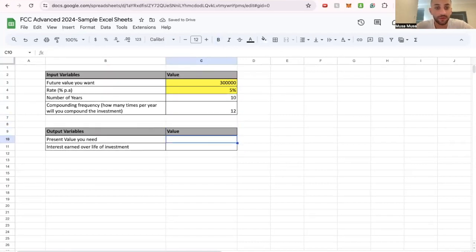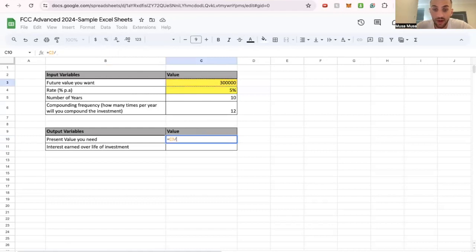So when we go to set up this formula for present value, we're going to set it up just like the equation I gave. Remember it was 300,000, but I'm not going to write 300,000. I'm going to click that cell.